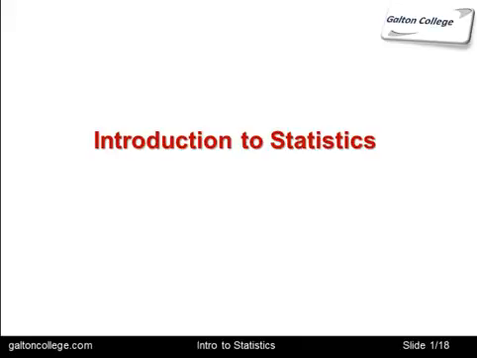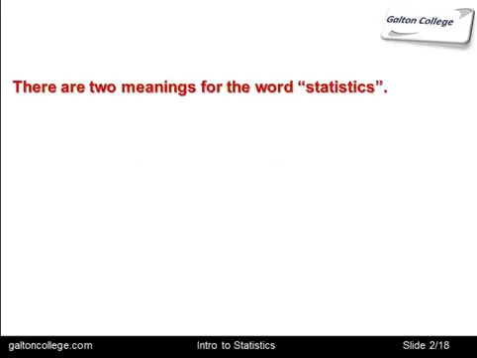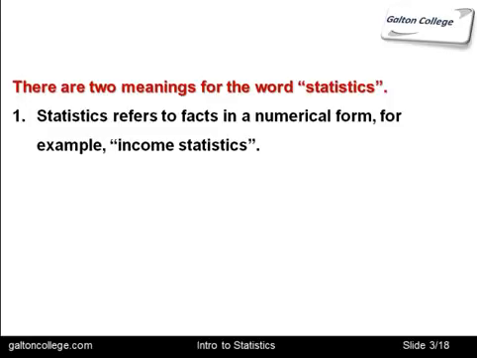In this class we want to introduce statistics and see what statistics is about. For a start, there are in fact several meanings to the word statistics. It refers to facts in numerical form. For example, income statistics.